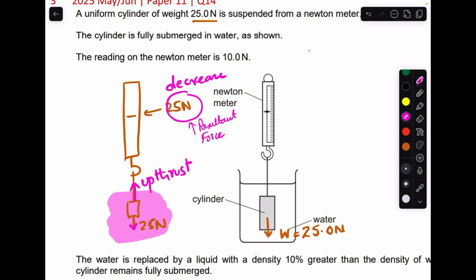So if you take the weight minus the upthrust, that will give you the reading on the Newton meter. So the reading is 10, weight is 25, and upthrust.